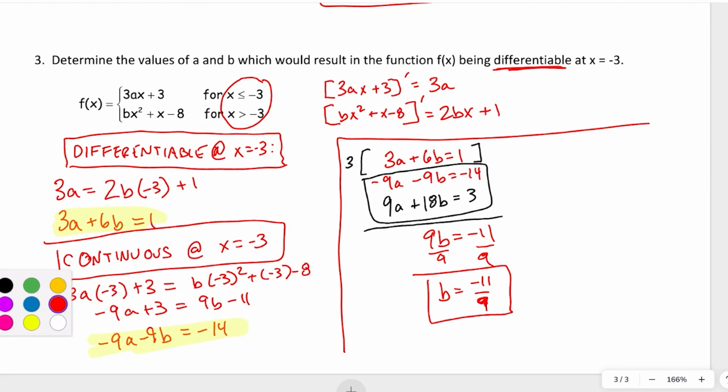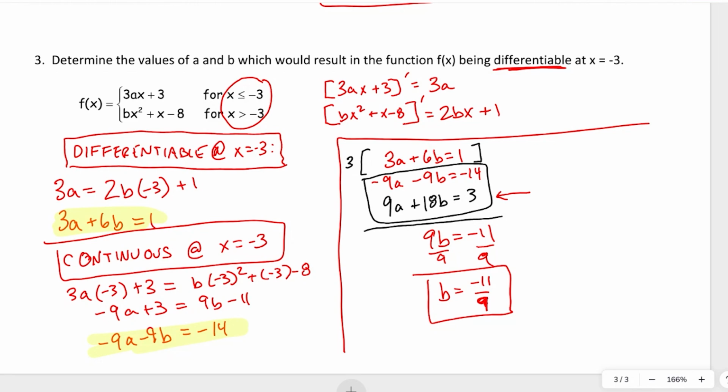Now, once I get that b value, I can use that to find a. And you have a couple of different equations that you could use to find a. You can use this one over here. You could use this one. You could use any of these up here. And I think I'm going to go with this one right here.